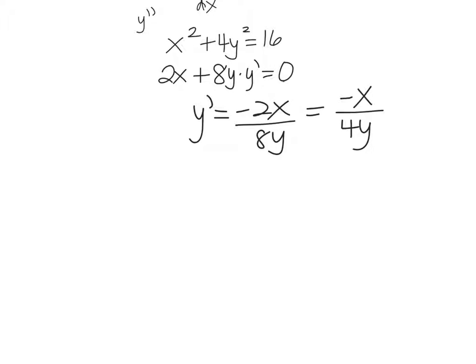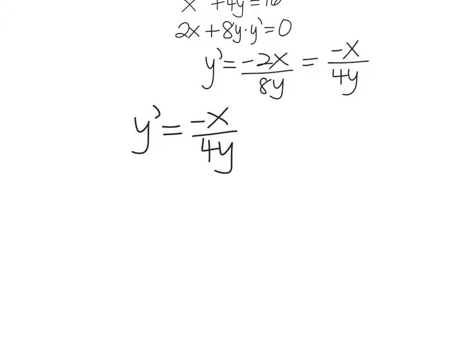Second derivative is the derivative of the first derivative, right? So we're going to do derivative of y prime is y double prime. And now we have to do quotient rule.